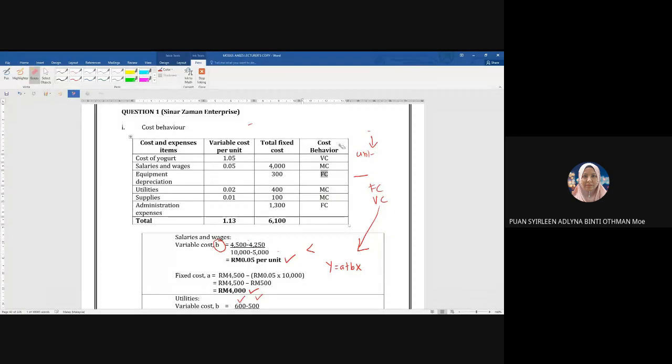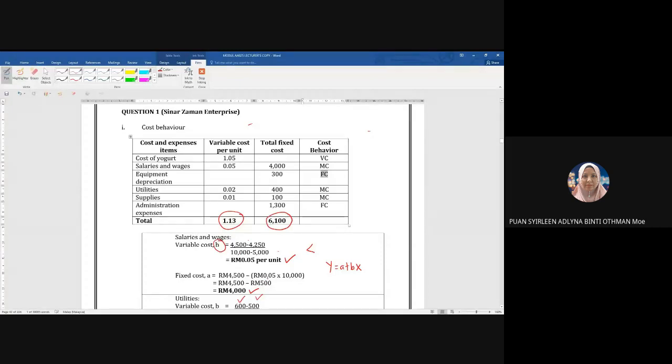Alright, so dekat sini kalau you tengok, alright, the total for variable cost is RM1.13 and the total for fixed cost is 6,100.